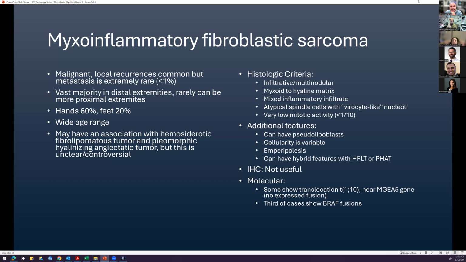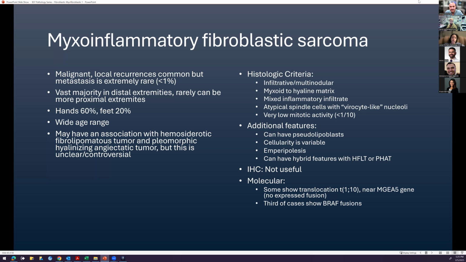The vast majority of these are in the distal extremities, so you're pretty much always going to see them in the hands and feet or around the distal extremities. Sometimes they can be more proximal, and most often in the hands, right? It's a pretty wide age range as well. And like I said before, there may be an association with some of these other tumors, called hemosiderotic fibrolipomatous tumor or HFLT, or PHAT, which is pleomorphic hyalinizing angioectatic tumor.